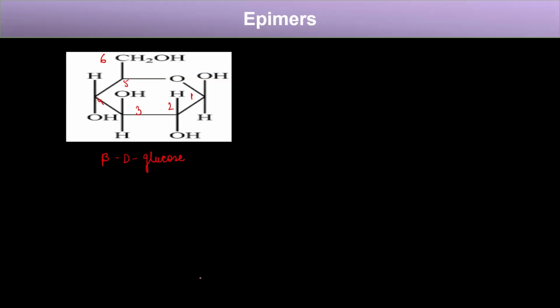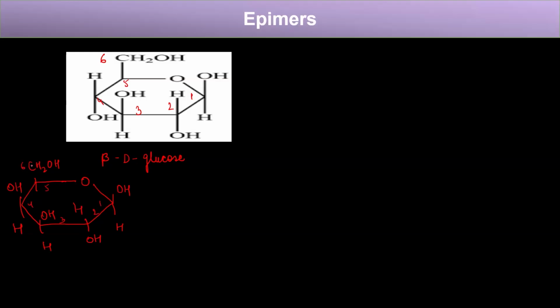Now, let me draw one structure. So there's one structure that looks something like this. It has OH, H, OH, H, similar to what I have just drawn. OH, H, and OH, H. Now, if you look at the structure, we have the numbering 1, 2, 3, 4, 5, and 6.